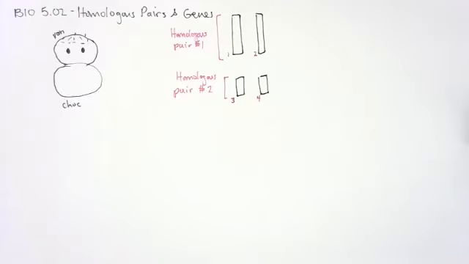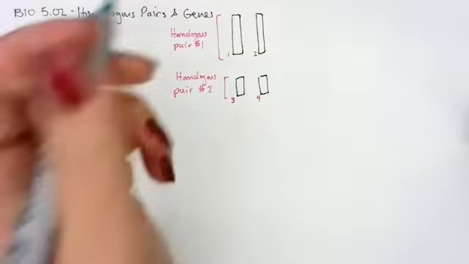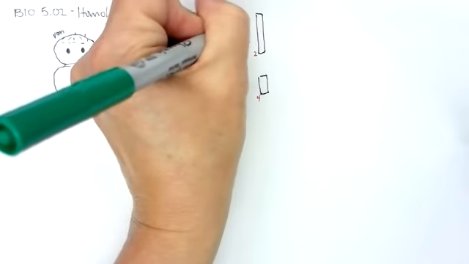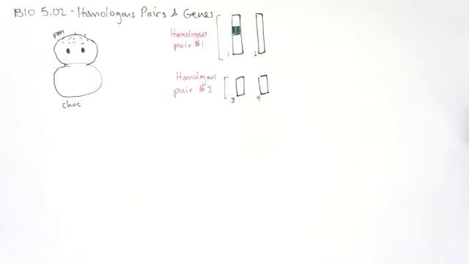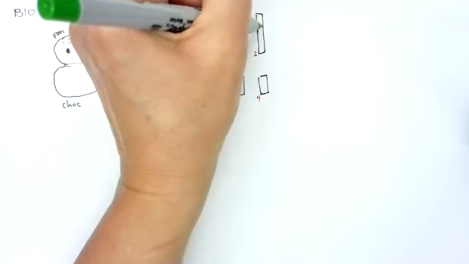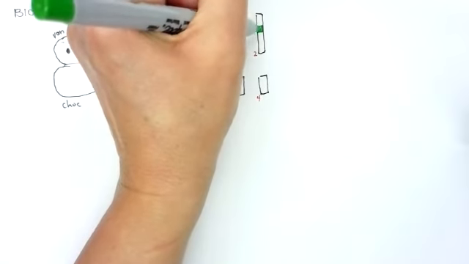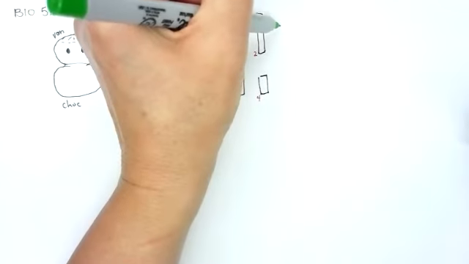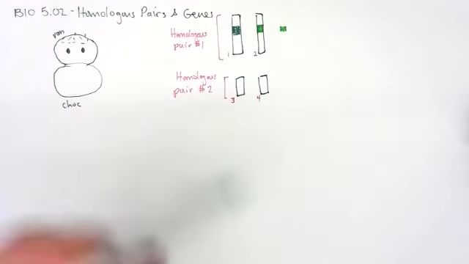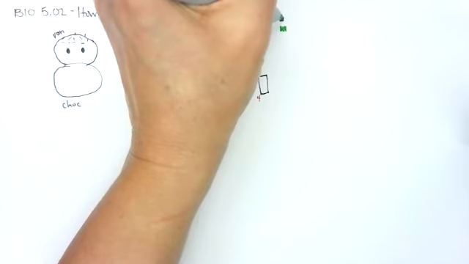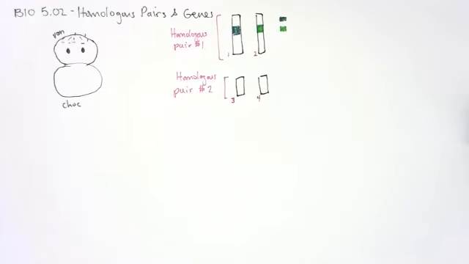We have a section here. I'm going to color on one of the homologous chromosomes, I'm going to color this section dark green. And on chromosome number 2, I'm going to do light green. I'm going to make little boxes over here. So these boxes represent a gene.